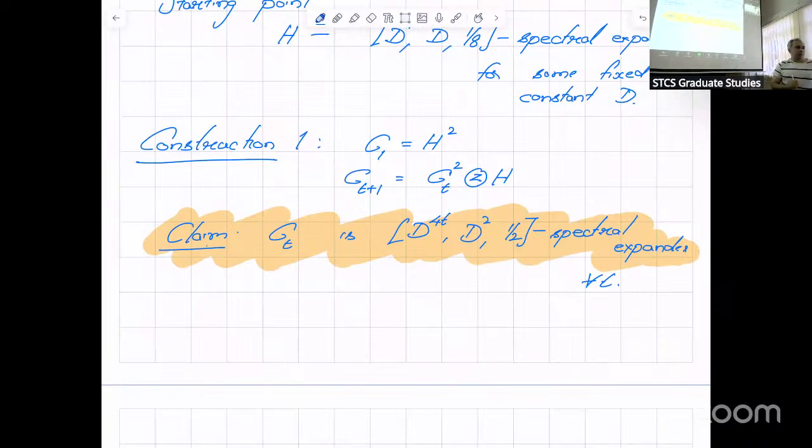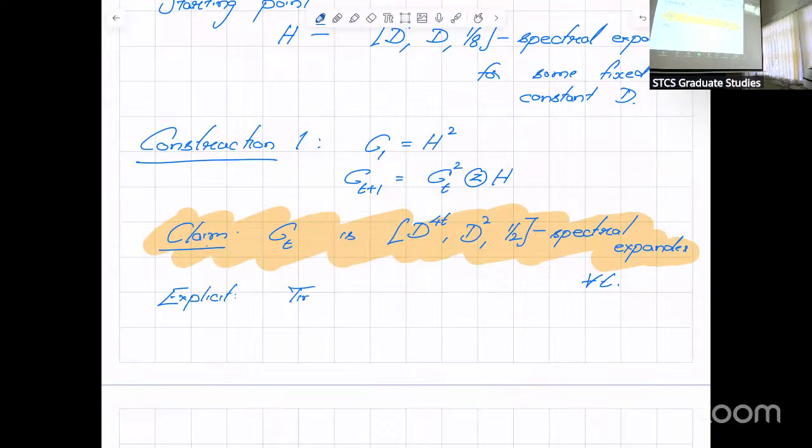Is that okay? So this is an explicit construction. Let's ask if it's fully explicit. How much time do we take to do this construction? What's the time taken to construct the Tth graph in this process? So let's ask about explicitness.